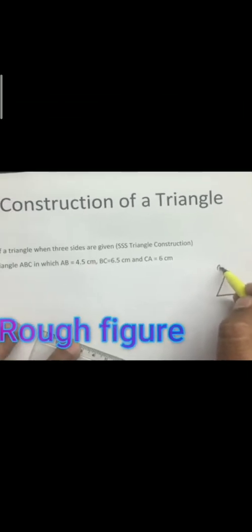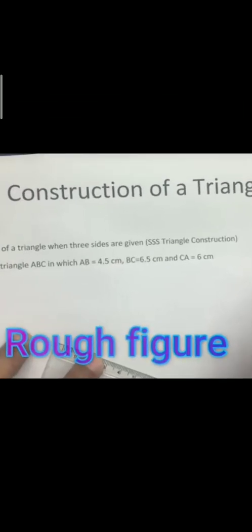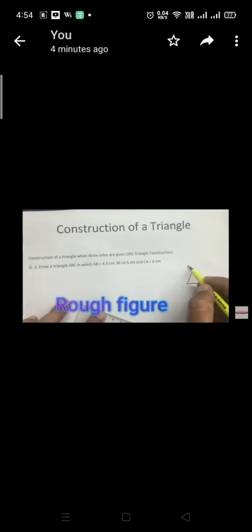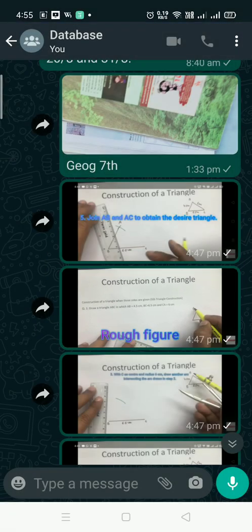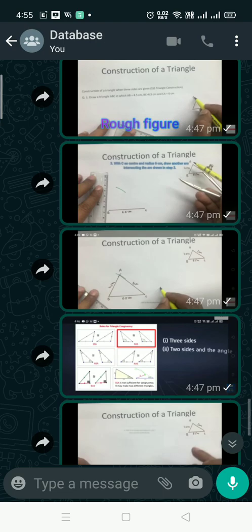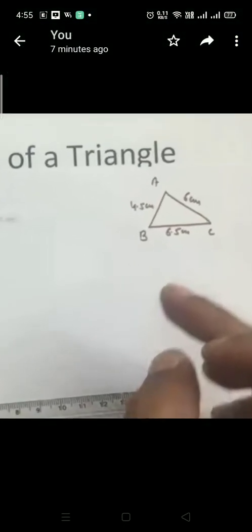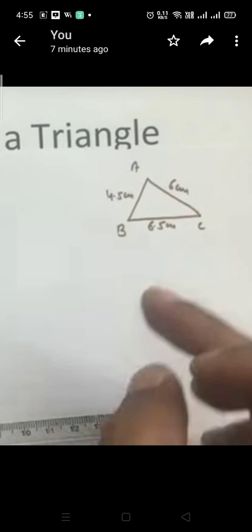Now let's start with the actual figure, how the construction is done. First and foremost, a geometry box is required. Come on, all of you take a scale. Very simple. First we form a rough figure so we get an idea how to do it. Now we start drawing BC, the bottom part.